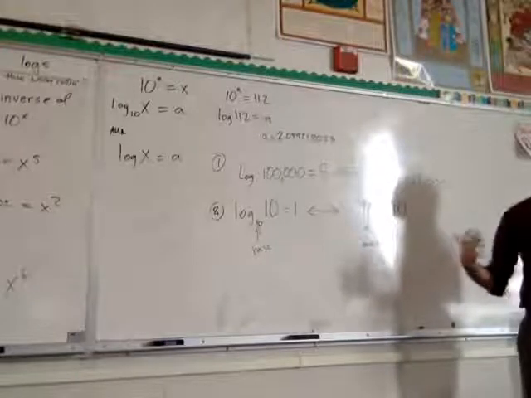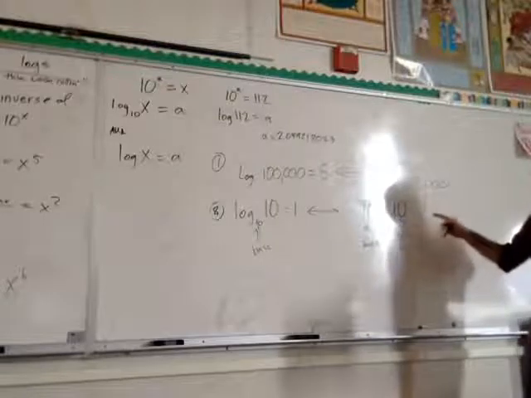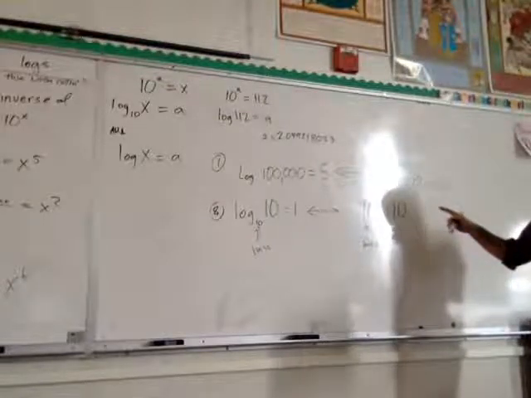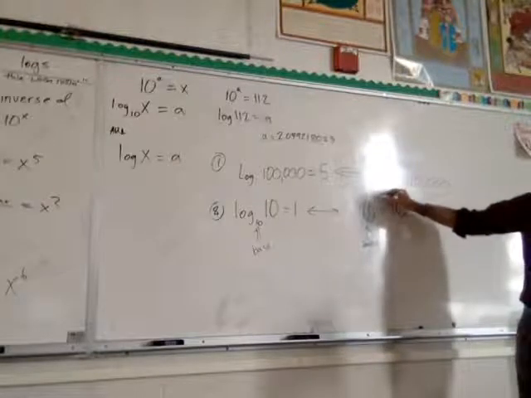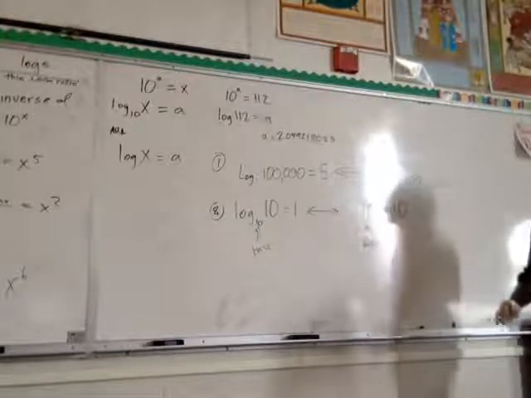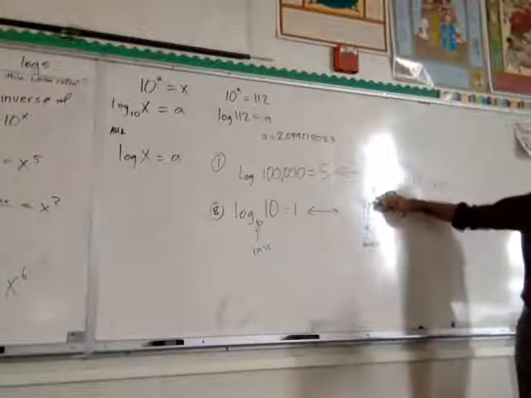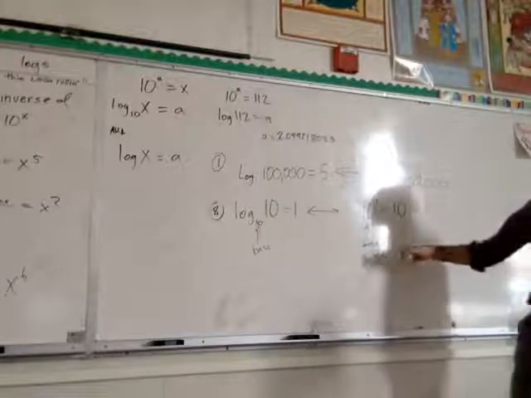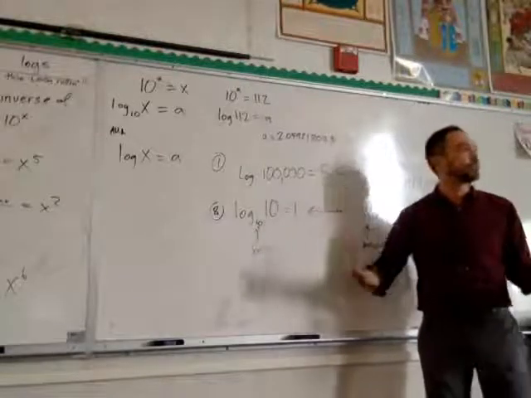You're trying to find what the exponent is, so you take the log of that value. So 10 raised to what power gives us 10? Maybe you see it's 1, but otherwise you could take the log of 10, and you get the answer 1.